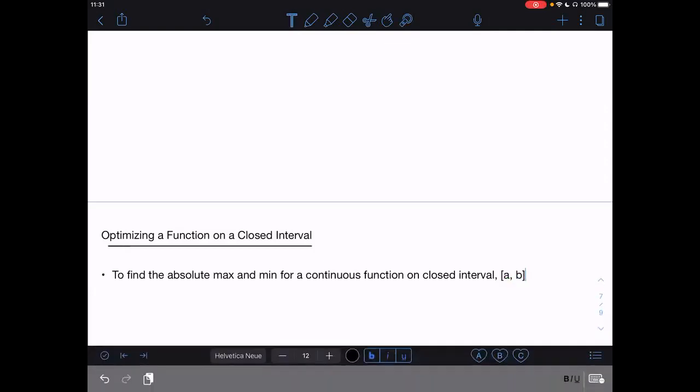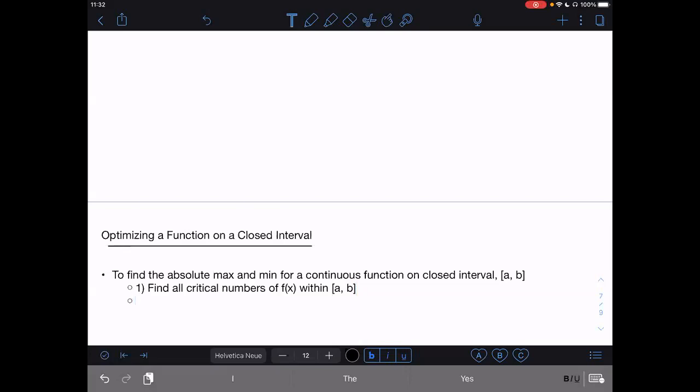The first step is to find all critical numbers of our function of x within this closed interval from A to B, just like within 3.1.